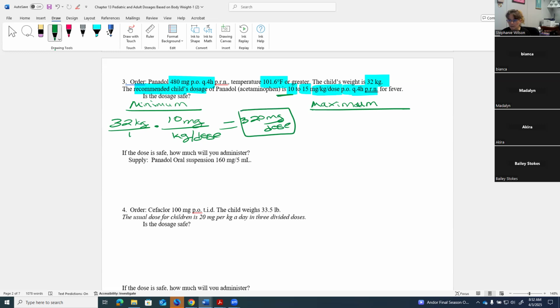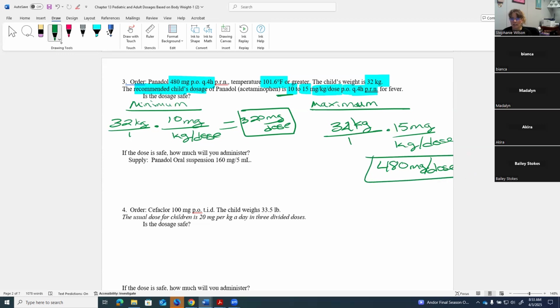So that's my minimum. My maximum, so we have our 32 kilogram patient times my 15 milligrams per kilogram per dose. So now I have 32 times 15 is 480. So I did my math right? Because the maximum is greater than the minimum.